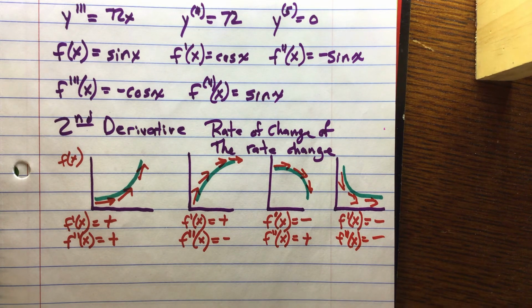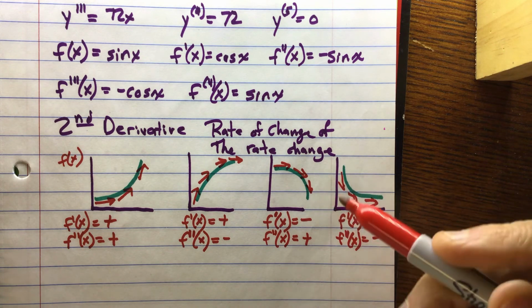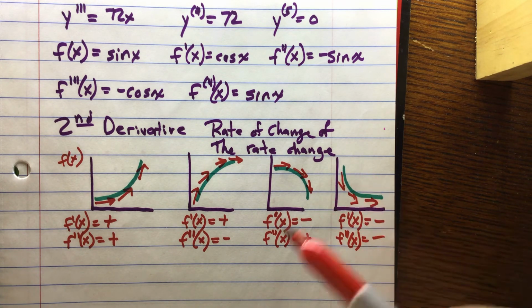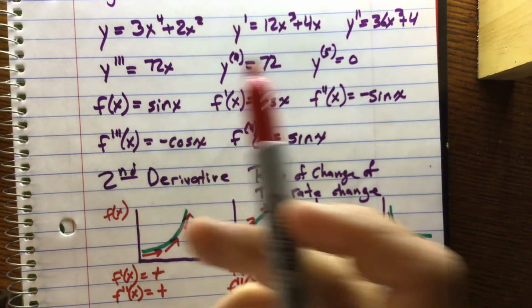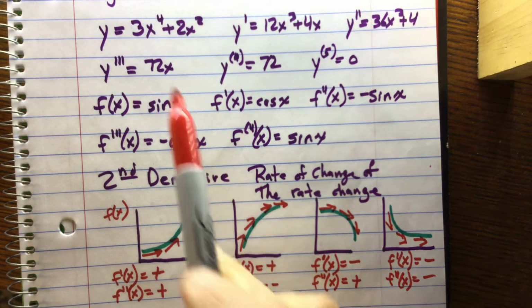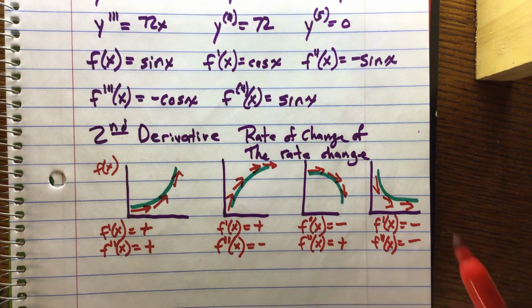Okay, so it's decreasing at a decreasing rate. This one's decreasing at an increasing rate. And that's the second derivative. Calculating the derivative, as I said earlier, is very easy to do. It's just a derivative of the derivative. But this is more of an interpretation of what it means. Okay, that's higher order derivatives.